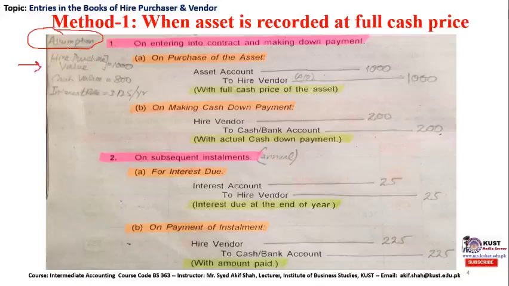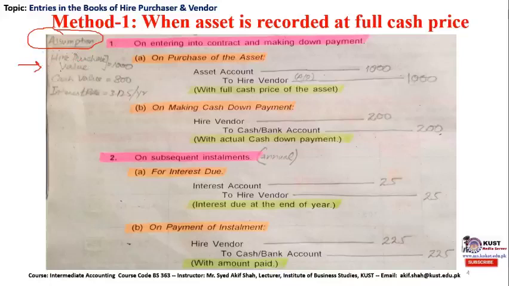Before starting these journal entries, I highly recommend you listen to my previous lecture on the basics and concept of hire purchase agreement and system. I assume that you have listened to that lecture so that you may be able to understand the specific terms used in the hire purchase agreement for purchaser and vendor.